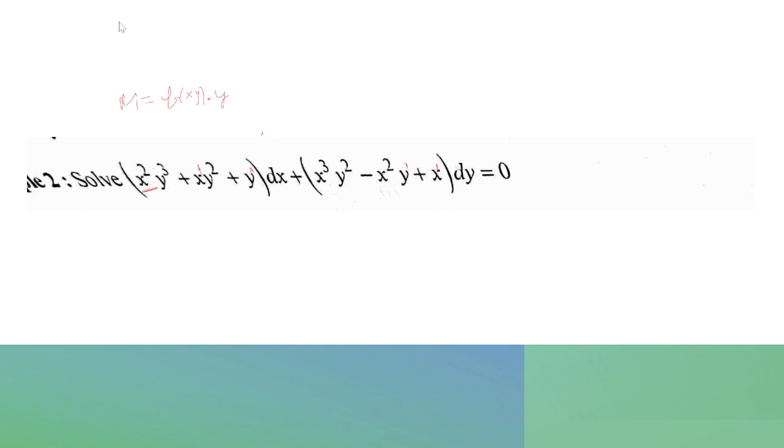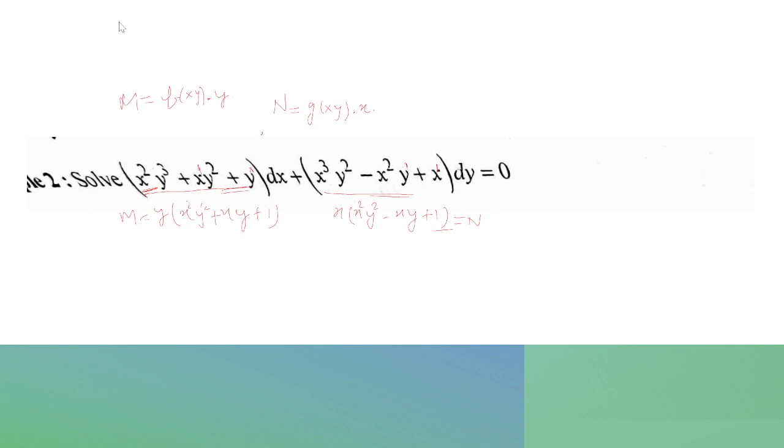We can take y common, and after that we get x square y square plus xy plus 1, and in this we can take x as common factor, remaining is x square y square minus xy plus 1. This is N and this is M. And from the previous case we see that this is a function of xy into x.